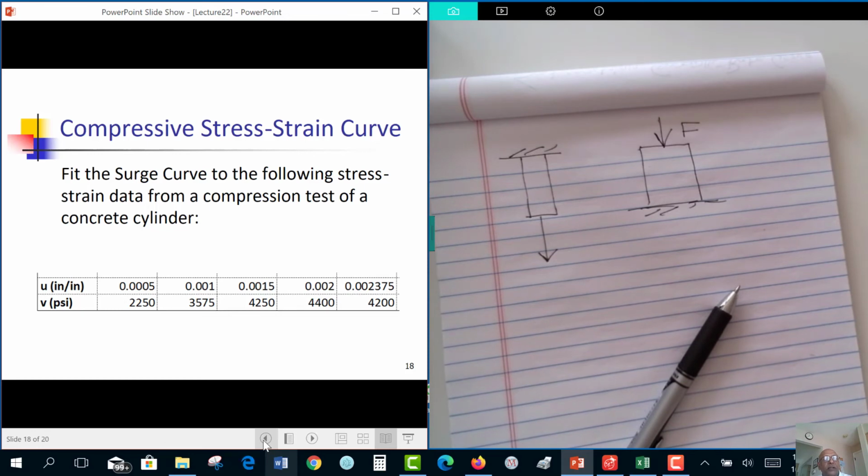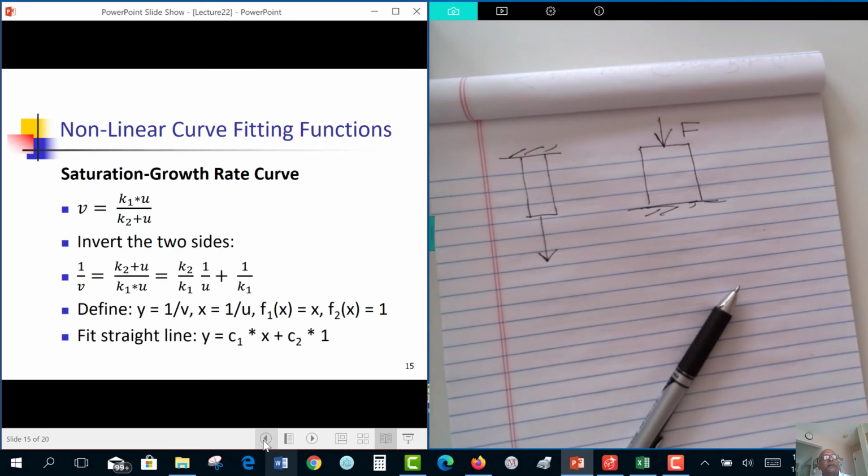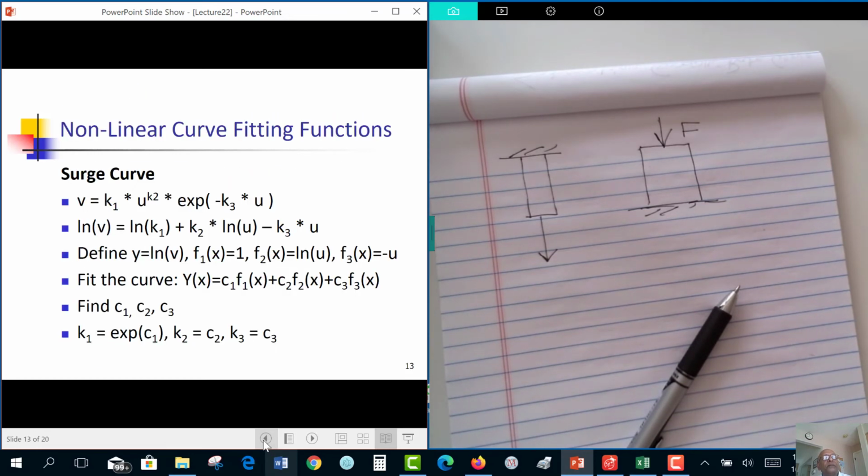Okay, so remember what was our surge curve? Let's go back. So this was our surge curve. Remember, it had a power component and it had an exponential component.